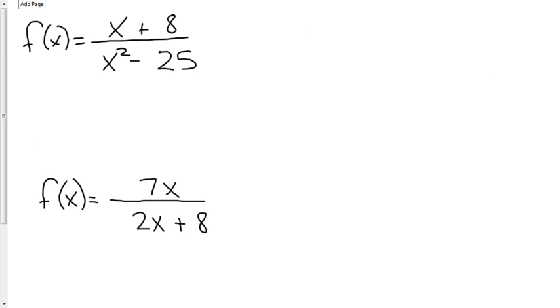Now, here are some examples of rational functions, and we're going to go through and find everything out about them. So the first thing, the y-intercept, in this case, would be 8 over a negative 25.